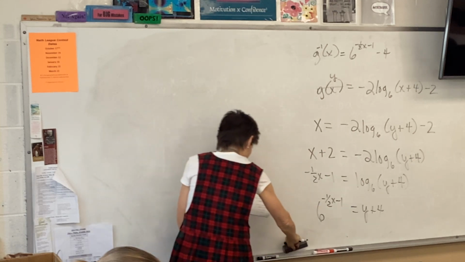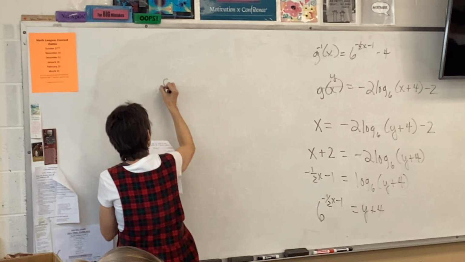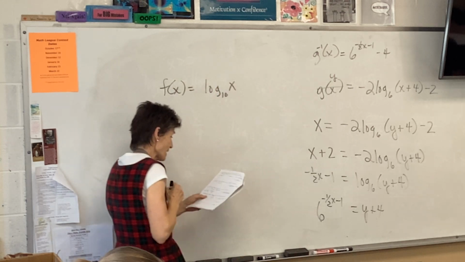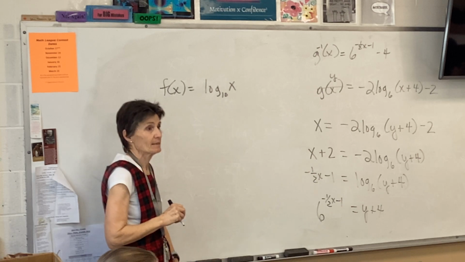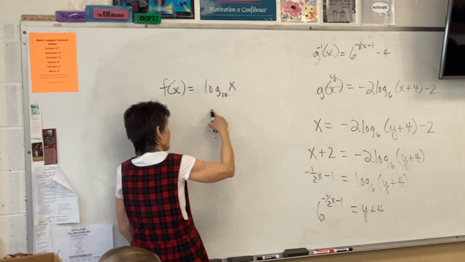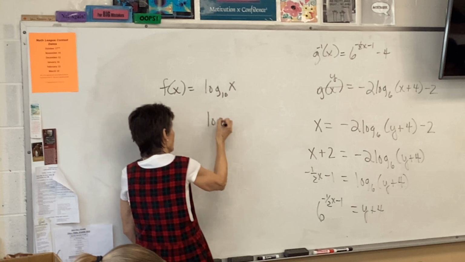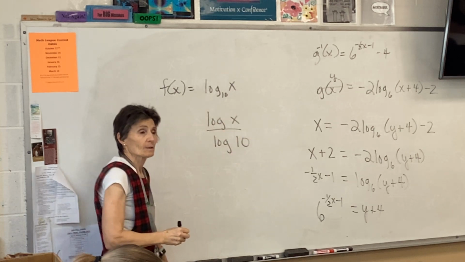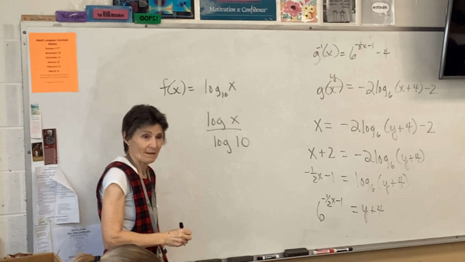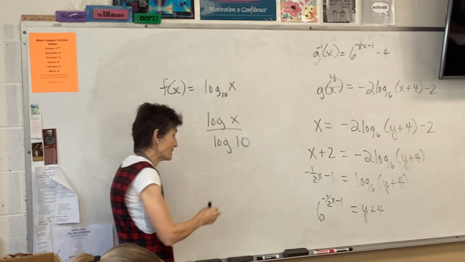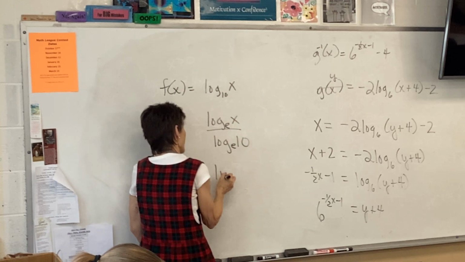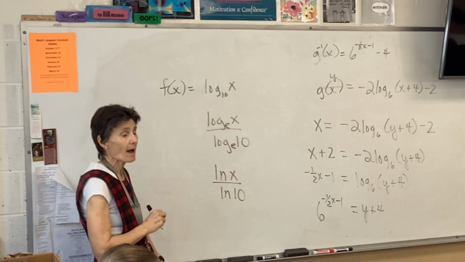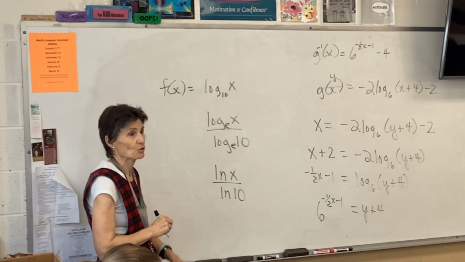Change the base from base 10, it's currently base 10, into base e. The change of base formula says this is the log of x over the log of 10. What base do I want? I want base e. So ln x over ln 10. That now is written as a natural logarithm.